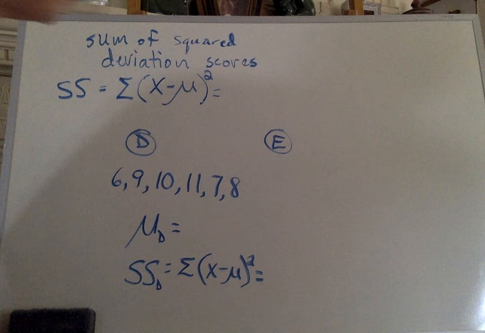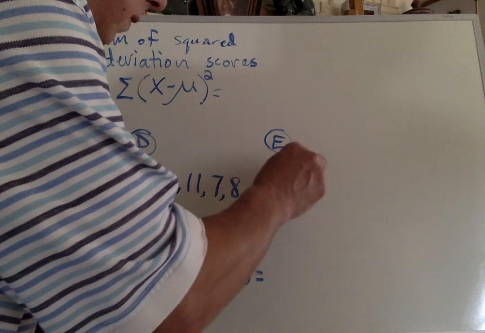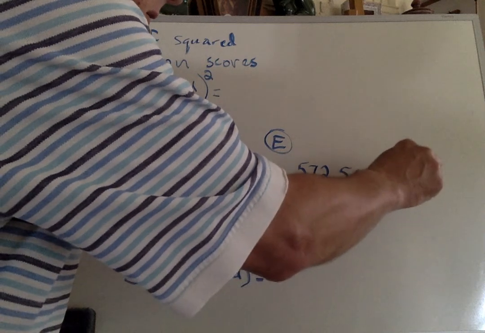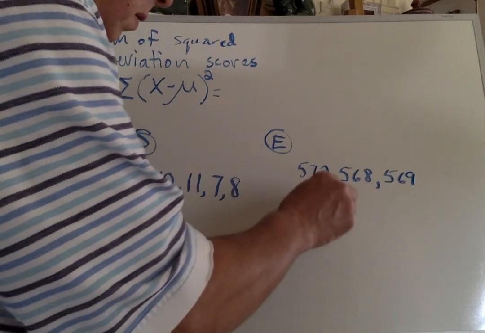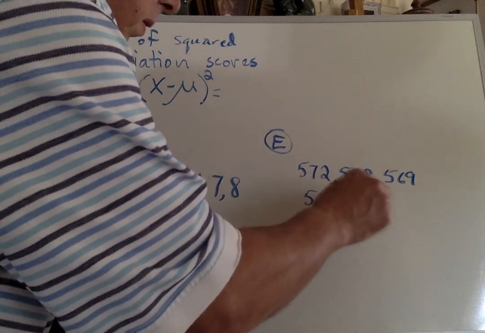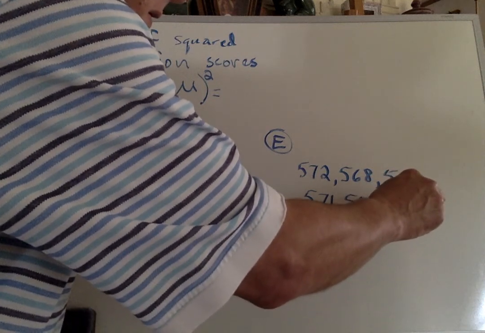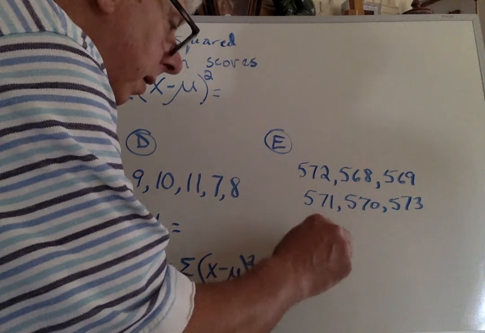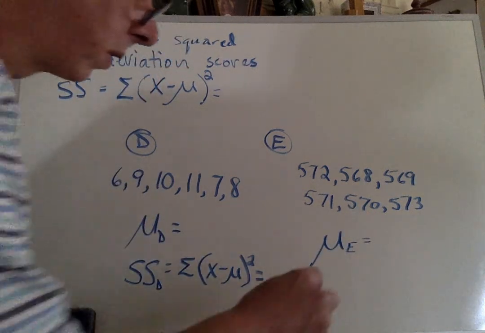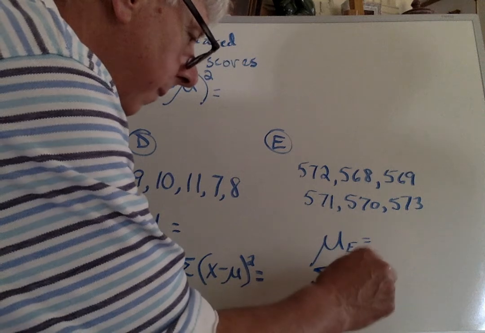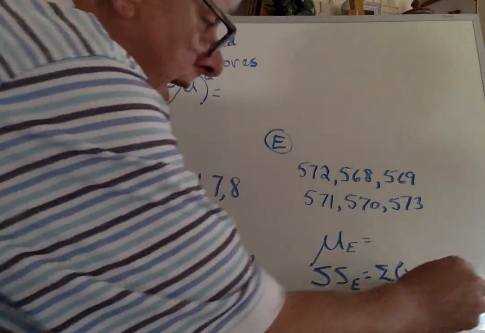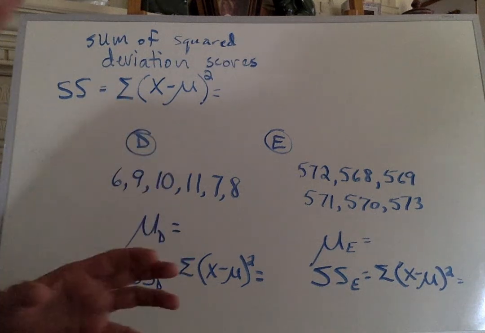Okay. Group E. Let me do group E. So we're going to get the mean for group E, and we're going to get the sum of squared deviations for group E. Again, once we get our mean, we'll take each score, subtract the mean, square it, and then add all those together.